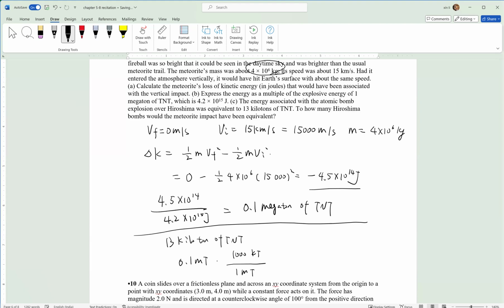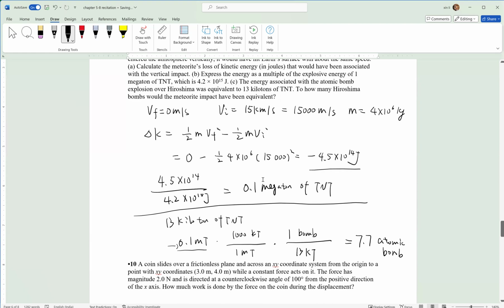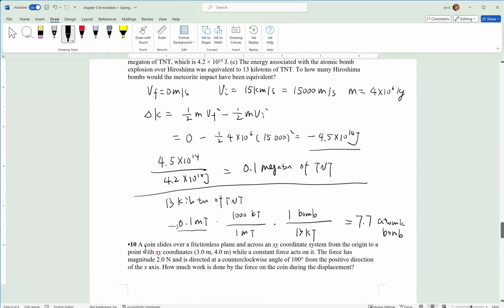Okay, 1,000 kiloton is 1 megaton, so it's 1 bomb, and it's 13 kiloton. So this is for the meteorite. Okay, and it will be equal to 7.7 atomic bomb. Okay, you should get 7.7 atomic bombs.